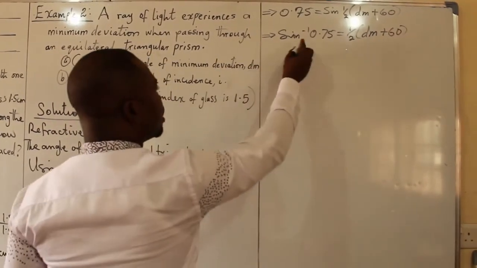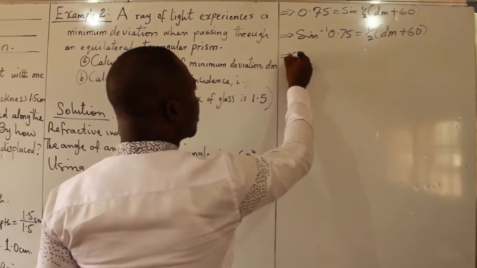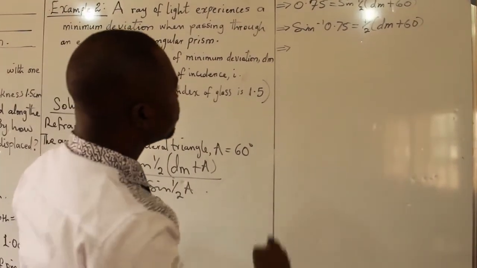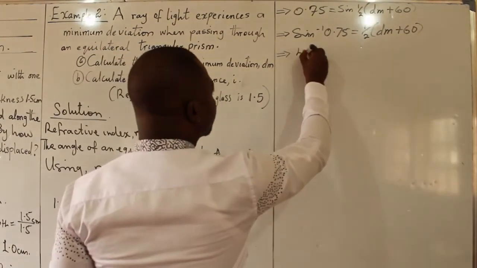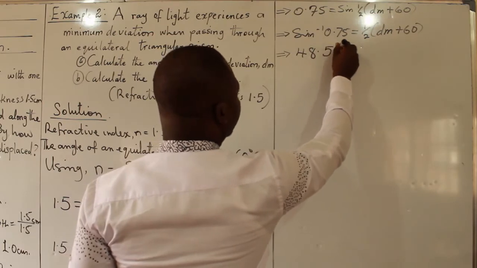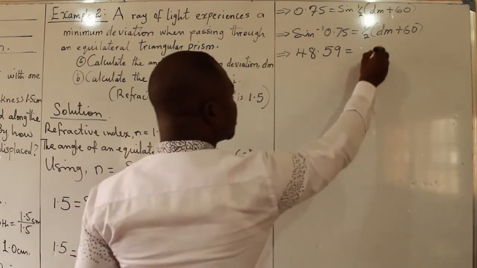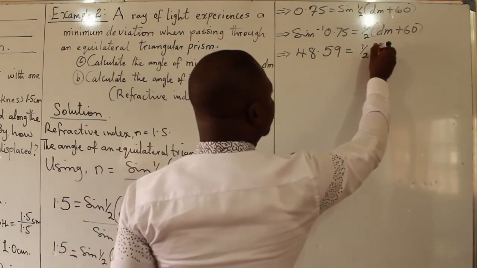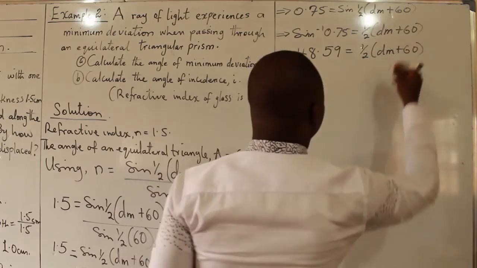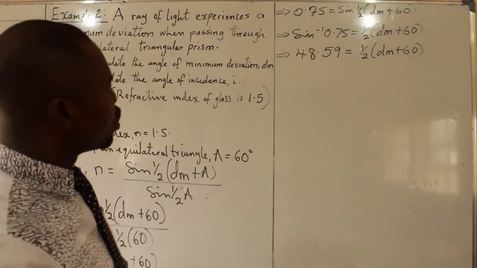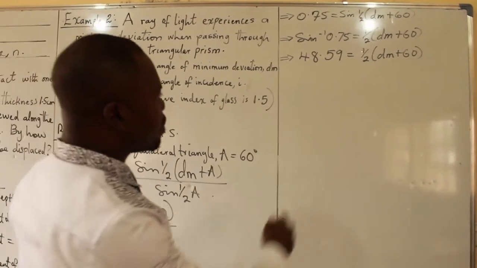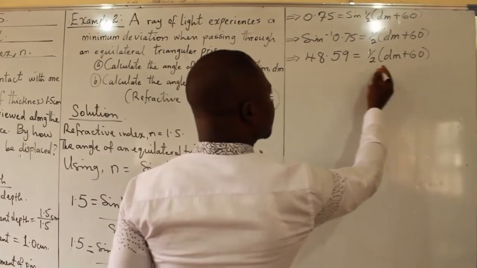If you punch your calculator, arc sine 0.75 will give you 48.59, which is 1/2 dm plus 60.